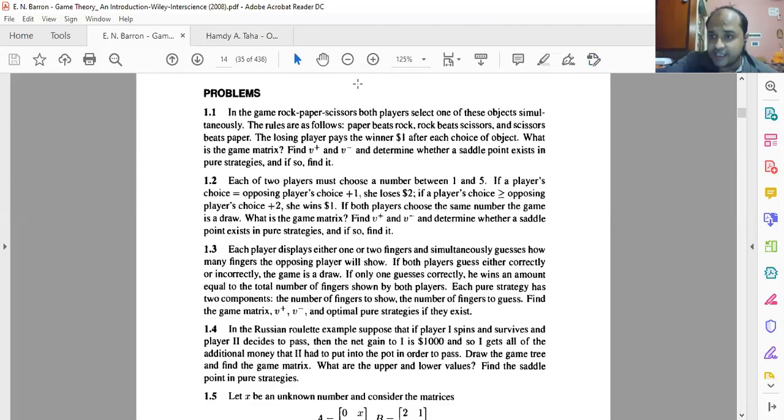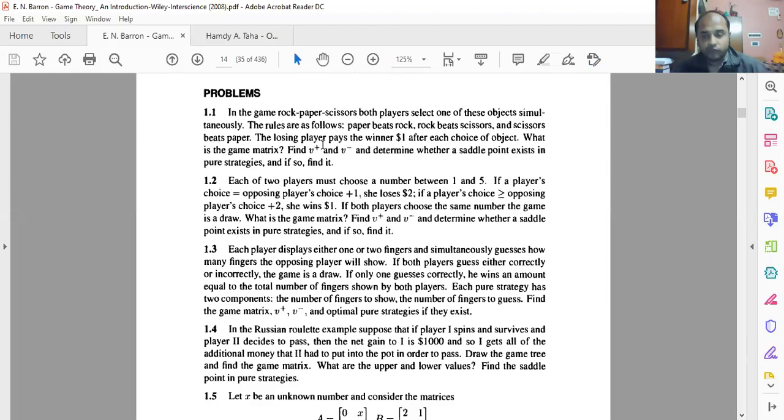Okay, on a serious note, probably you have heard about Professor John Nash, and probably you have seen the movie A Beautiful Mind. That was on the life of John Nash, and probably you have read the book also, A Beautiful Mind by Sylvia Nasar, on which the movie was made, which starred Russell Crowe.